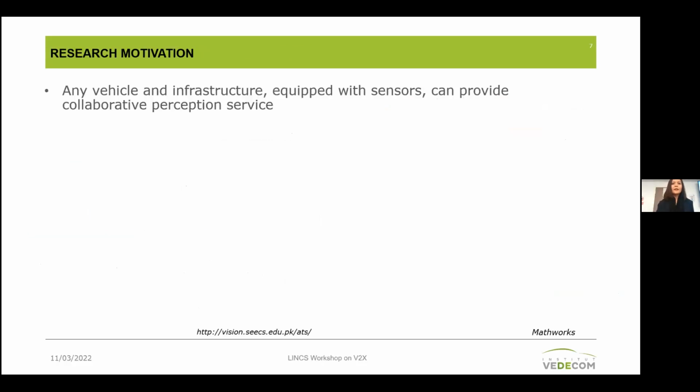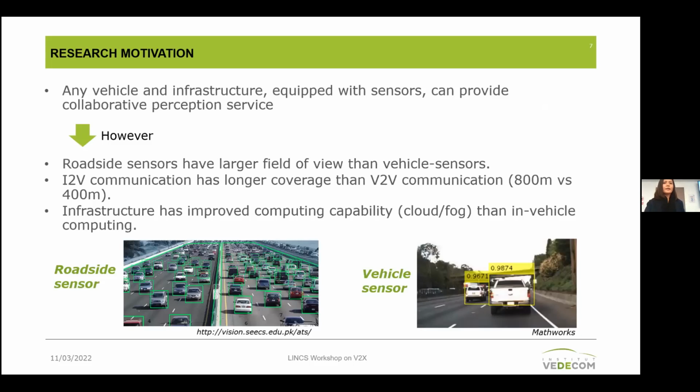Like I said, any vehicle or infrastructure that is equipped with sensors can help with collective perception. We have roadside infrastructure equipped with sensors, and vehicles also equipped with sensors, both with communication capabilities. So we want to compare the capabilities of infrastructure versus vehicle.